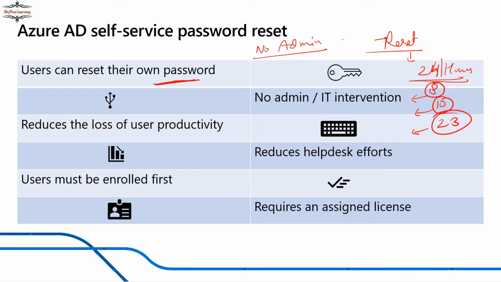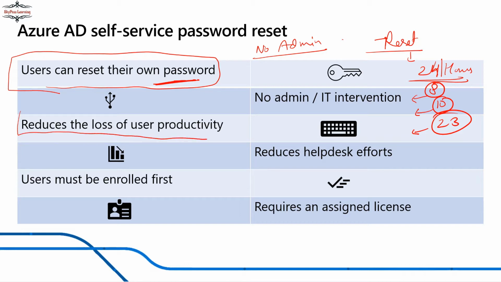This loss we can prevent with the help of SSPR as well. Users can reset their own password with the help of the SSPR feature. It will reduce the loss of user productivity.